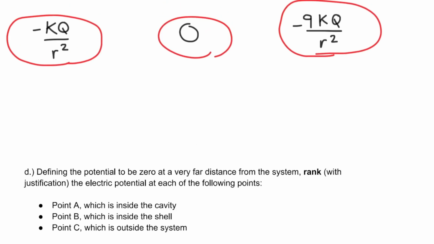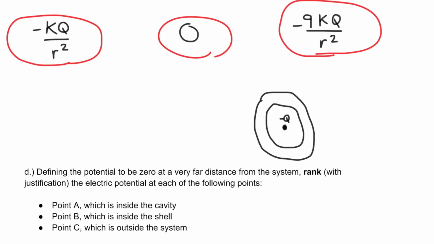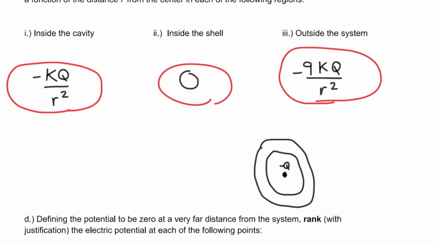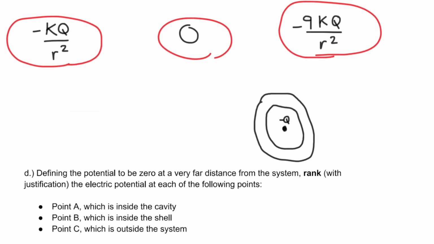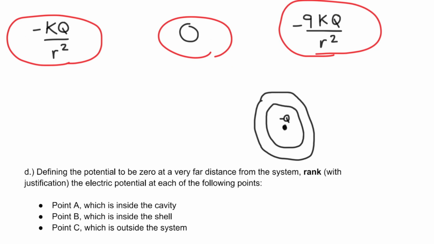So I would draw my little cavity here of minus Q, and I draw my conductor like so. We said that outside the cavity, the electric field looks like a point charge. So it would be a sink because it's a negative charge. Outside the cavity, my electric field would look like this, getting stronger and stronger as we approach the surface.